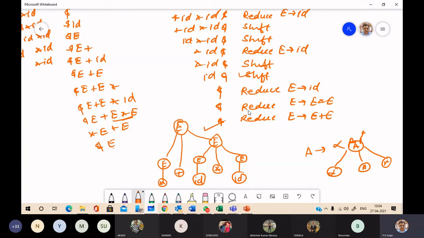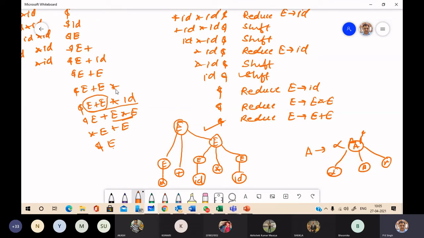Now in this entire bottom-up parsing, we will use this technique for the parser. But the main point you must keep in mind is that at this very junction, we are not considering E plus E as a handle.